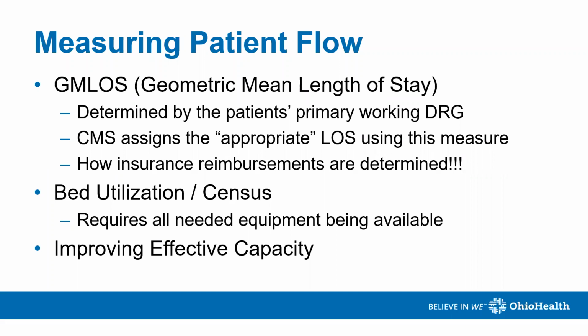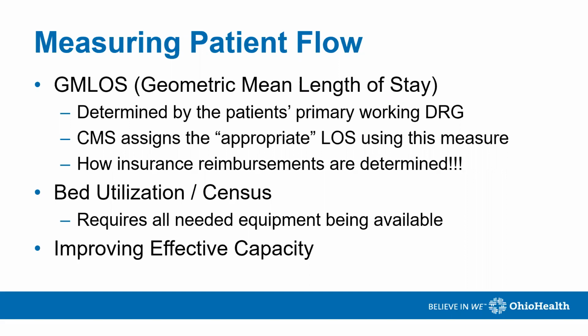And if I might give a quick definition for effective capacity, it's basically a simple division where the denominator is your number of physical beds. Your numerator is how many of those beds can actually have a patient in them.